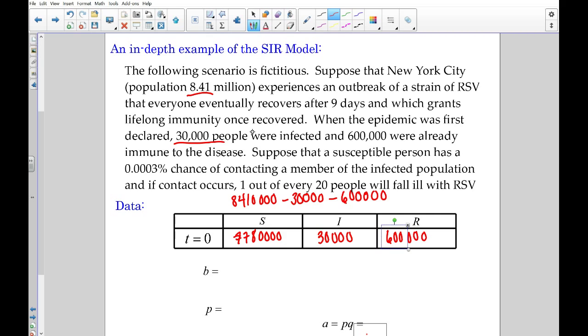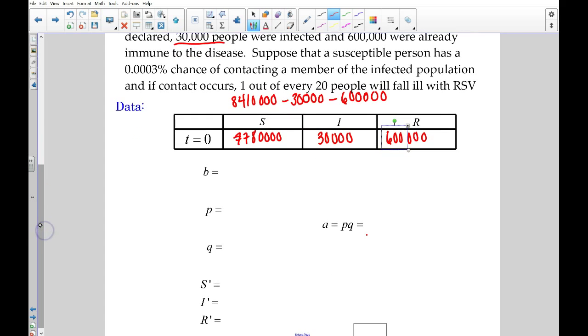Working through the SIR model, I need to know the recovery and transmission coefficients. Recovery coefficient is B, transmission coefficient is A, and from that I can get my rate of change equations. B is the coefficient that allows us to compute the rate of change in the recovered population.